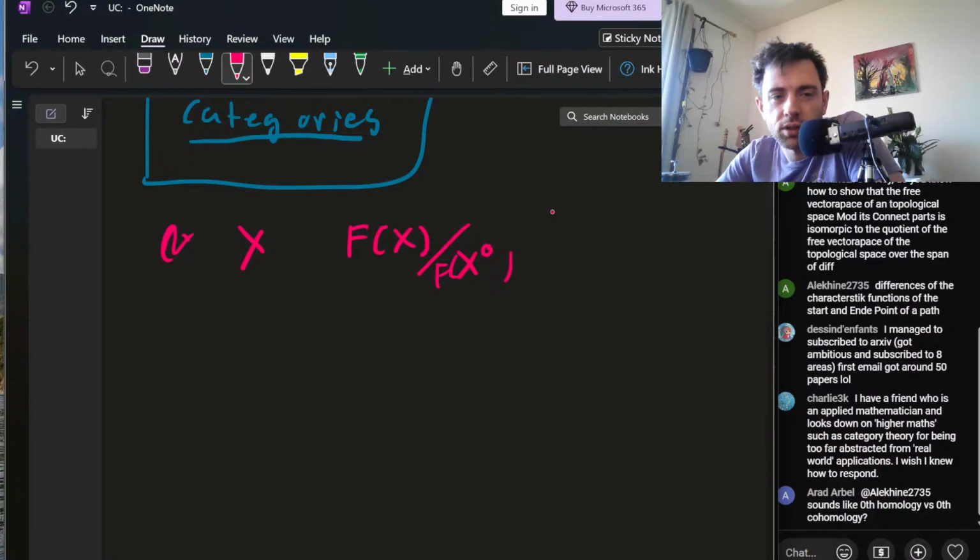Where we form the path space of X, and then we quotient out by the loops. Yeah, no, we don't quite quotient out by the loops. Am I correct, you're trying to talk about the construction of the universal cover in terms of paths?